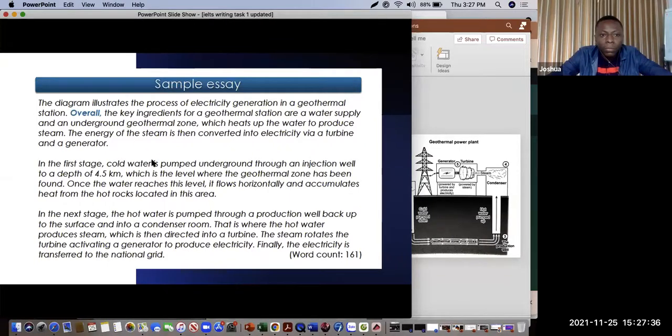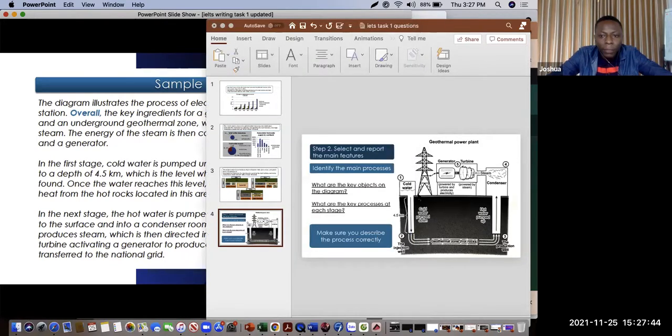Yep. So in the first stage, the cold water is pumped underground through an injection well. That is the case here. You can even bring the height or the depth.